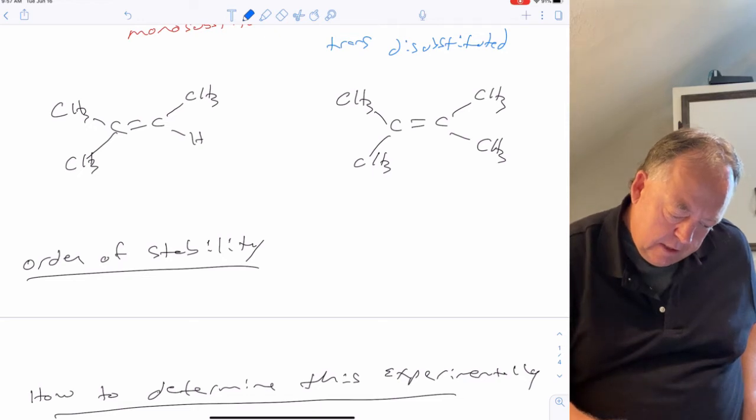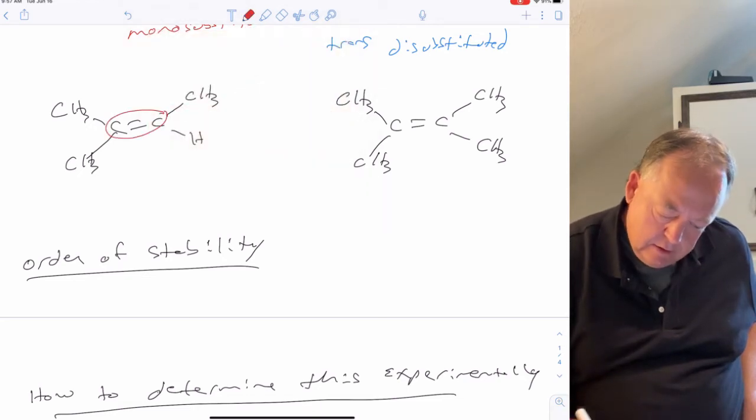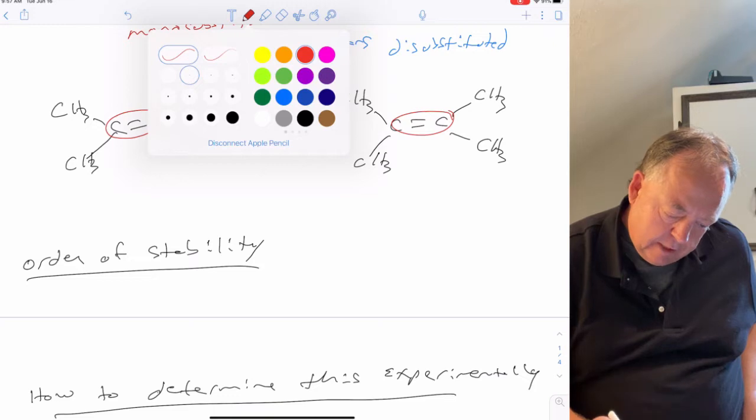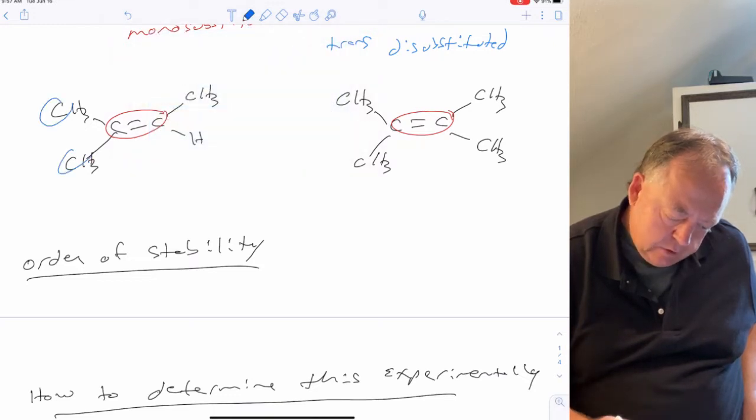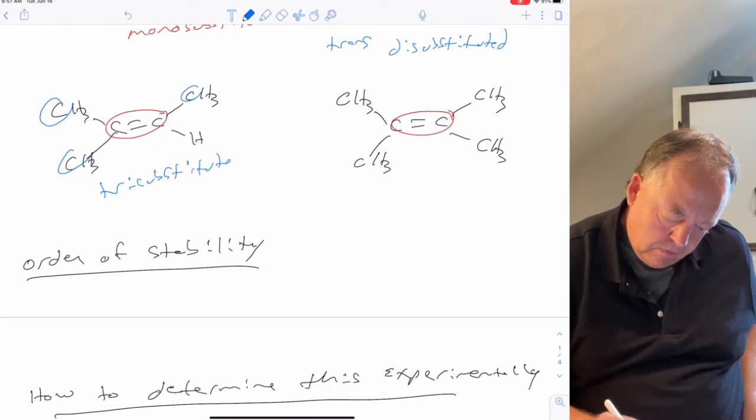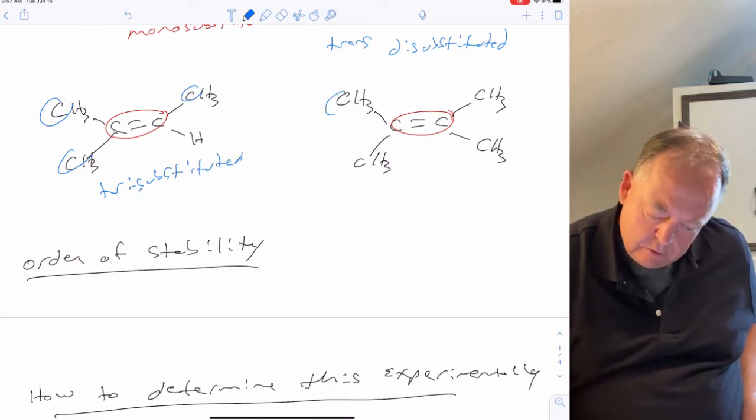And then this alkene and this one: this alkene has 3 carbons attached, so it's trisubstituted. And this one has 4 carbons attached, so it's tetra.